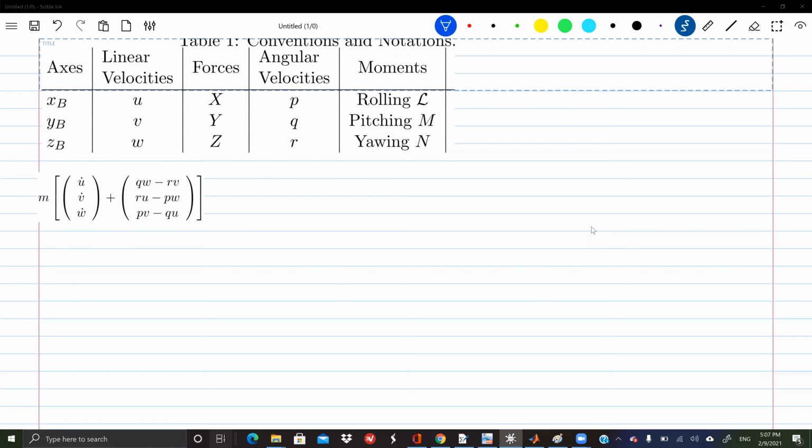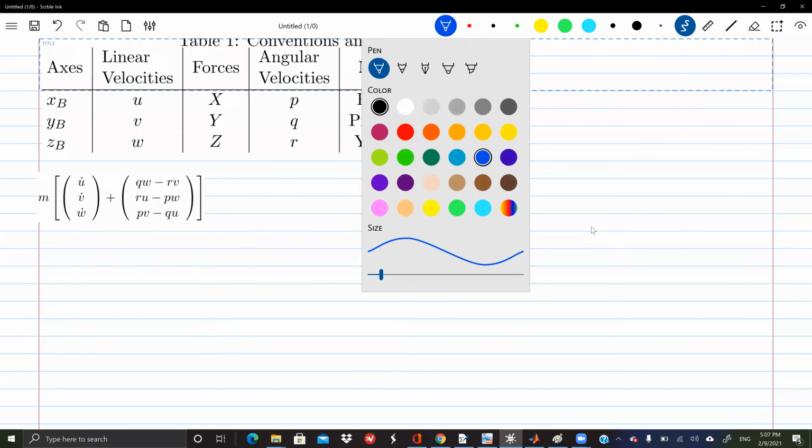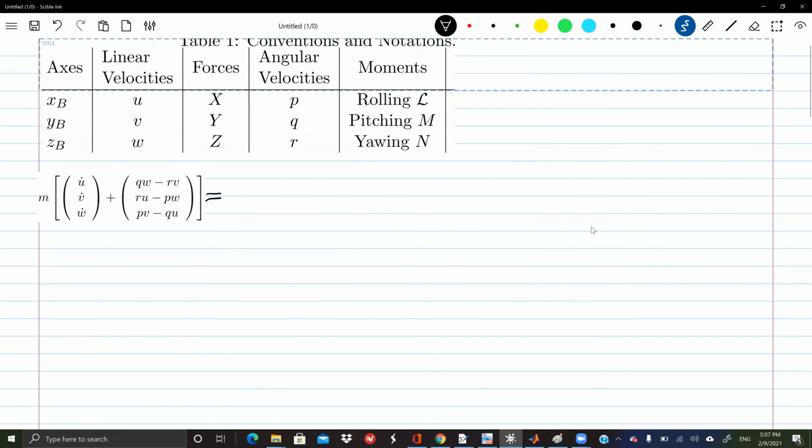This is equal to the forces, and like I said, the forces were two types of forces, x, y, and z, aero and propulsion, plus gravity, which is unknown as components in the body axes.